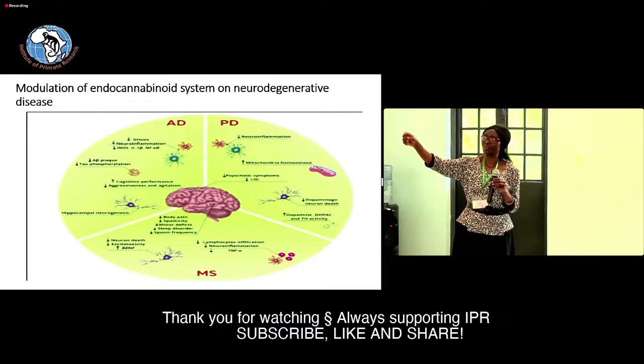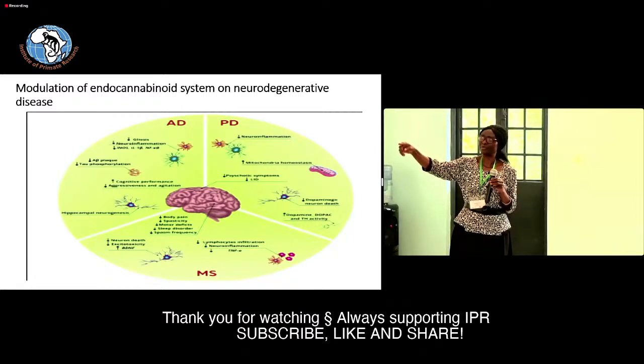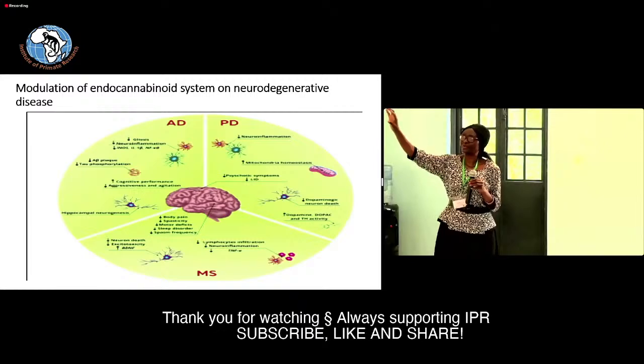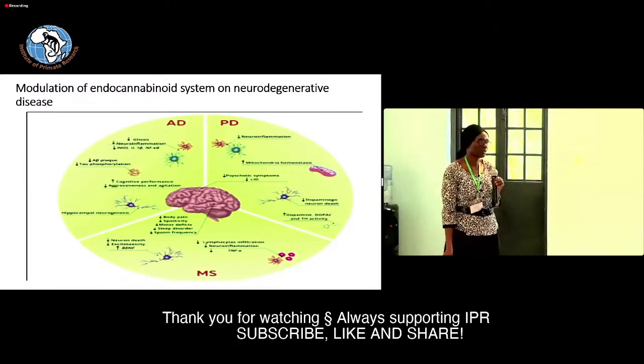So apart from PD, you have MS, and you also have AD. So that corner there, we have the PD and how it is associated with the endocannabinoid system in the brain, meaning that cannabinoids can actually have a role to play in Parkinson's disease. Next.